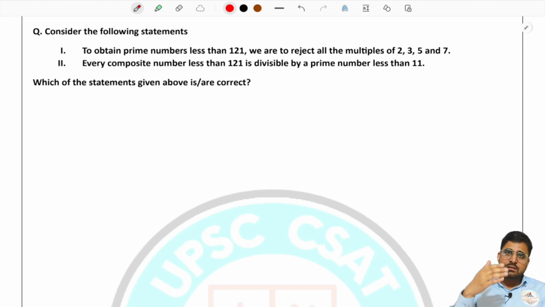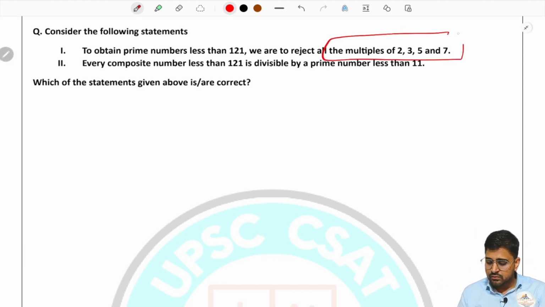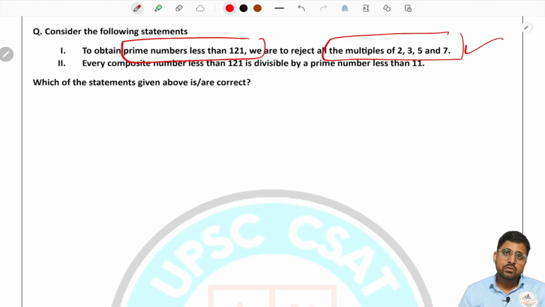If you have 3, then you have to reject 6, 9. 5 means 10. 7 beyond 11, 7 times 2 is 14. So you have to reject all the multiples of 2, 3, 5 and 7. So this is a correct statement. To obtain the prime numbers less than 121, you have to reject all the multiples of 2, 3, 5 and 7.